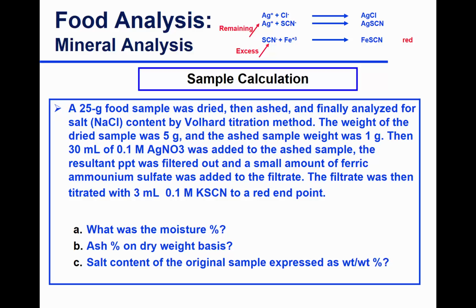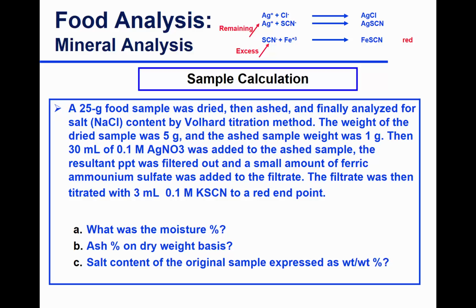All right, so that's the original number of moles of the silver nitrate. So at equilibrium, the number of moles of the thiocyanate would be equal to the number of moles of the remaining silver nitrate. It's a 1-to-1 ratio.